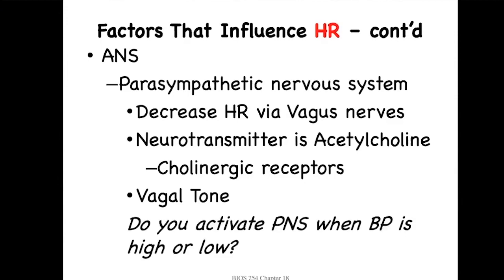Do you activate the parasympathetic nervous system when your blood pressure is high or low? So think about what the parasympathetic nervous system will do to your heart rate, and therefore what it will do to your cardiac output. Blood pressure is dependent upon the amount of blood in the vessel.